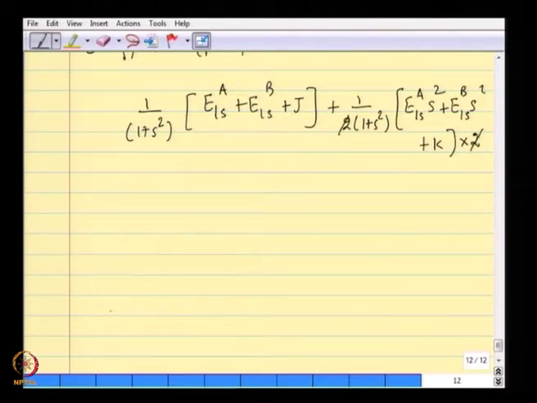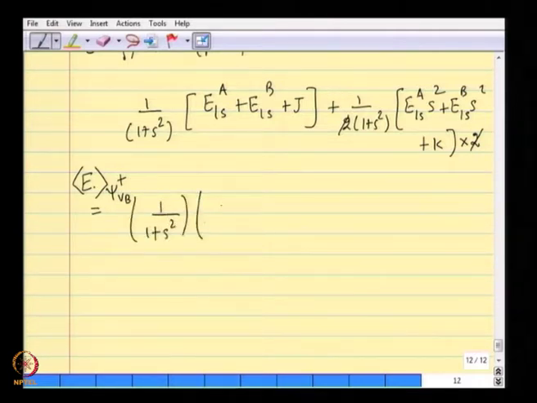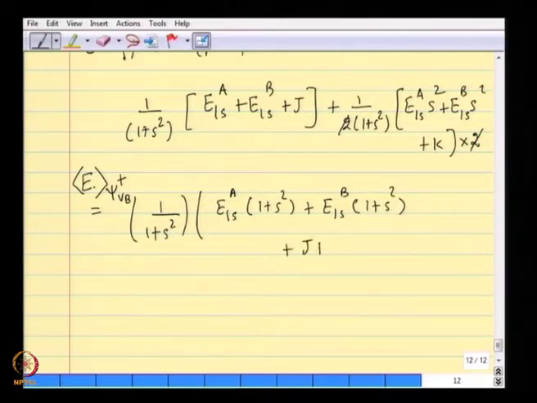Okay. So what is left over is then the total energy now, E of psi VB plus, is therefore 1 by 1 plus S square times E1s A into 1 plus S square plus E1s B into 1 plus S square plus J plus K. Okay.